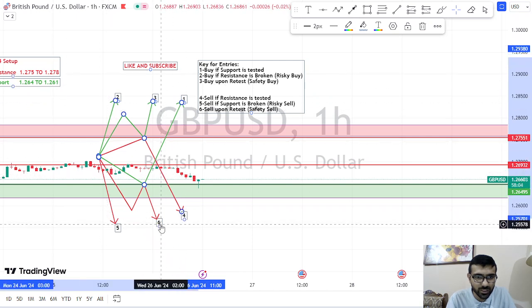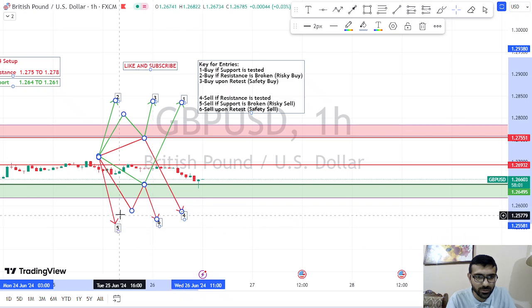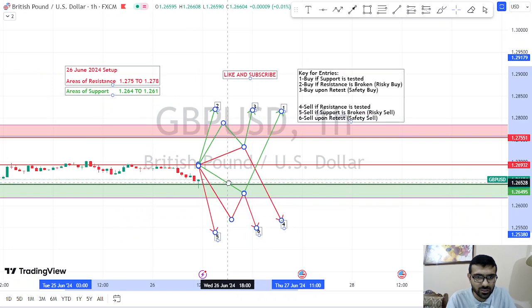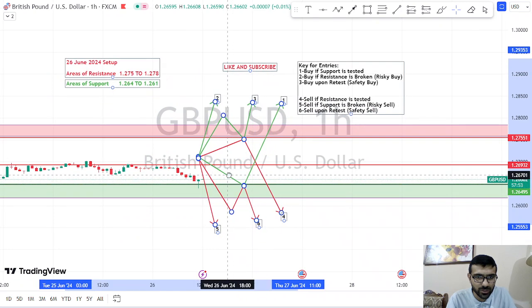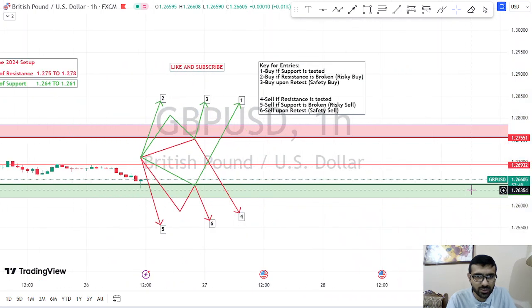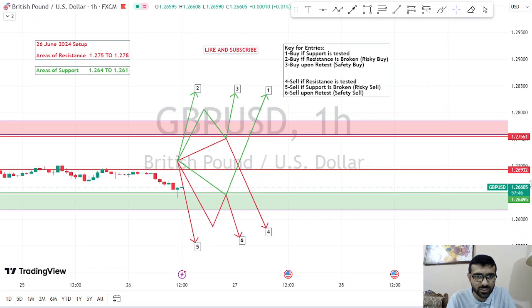Okay, and we made some very huge profit in this GBP USD pair, and I hope that you guys will be also making some good profits in this GBP USD pair. And if you guys do not understand anything, you guys can let us know in the comment section, and we will make sure to get back to each and every one of you guys.